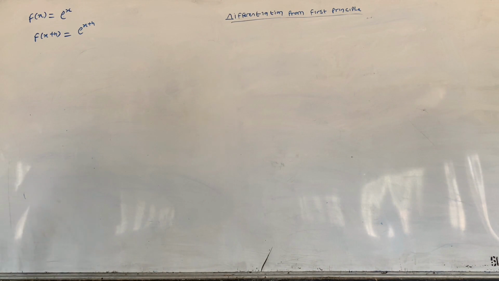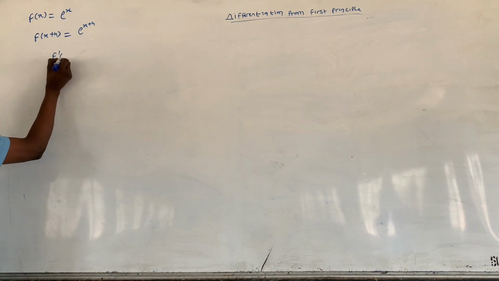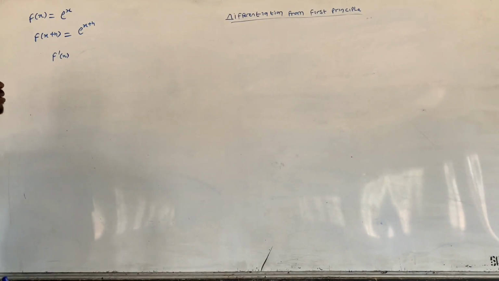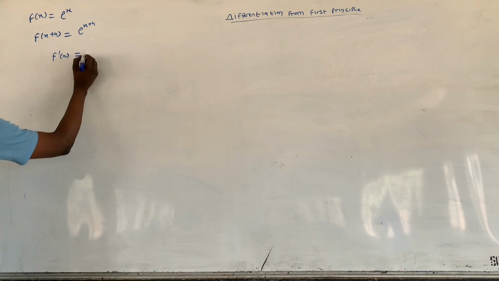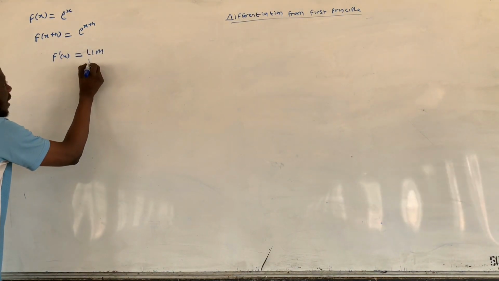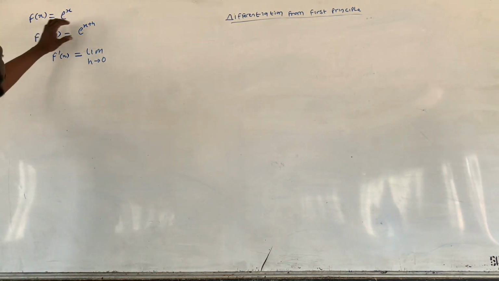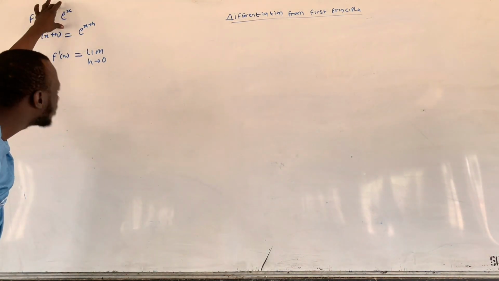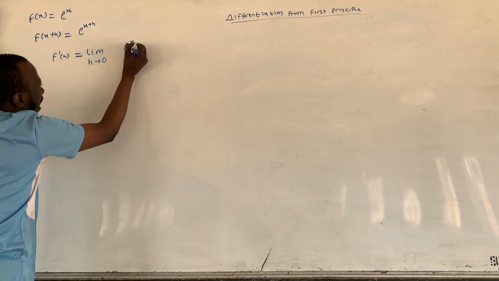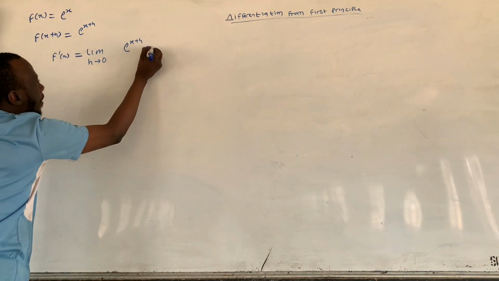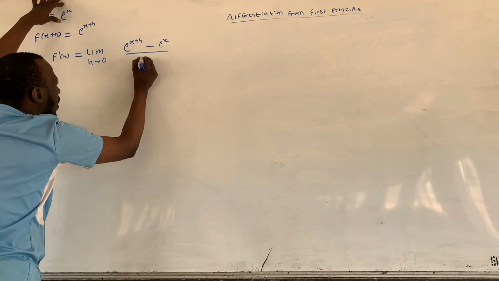Then we bring the formula that says f prime of x is equivalent to the limit as h approaches 0 of f of x plus h minus f of x all over h. Meaning this is e to the power of x plus h minus our f of x, e to the power of x, all over our h.